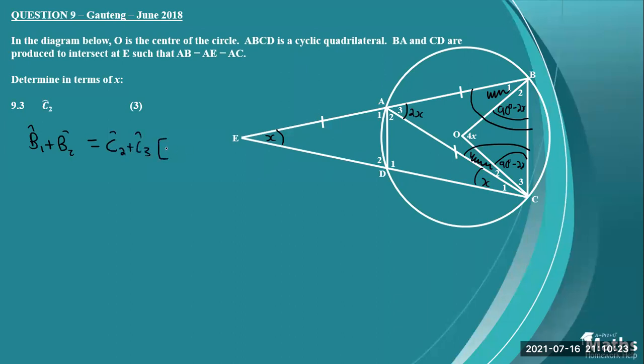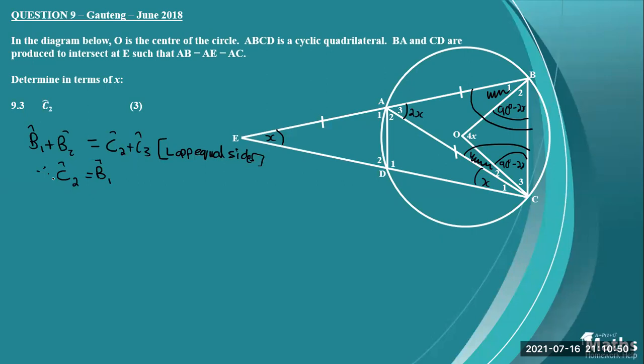The reason? Angles opposite equal sides. So now because 90 minus 2x is equal to 90 minus 2x, therefore C2 must be equal to B1. So therefore angle C2 will be equal to B1 because the whole angles are equal.